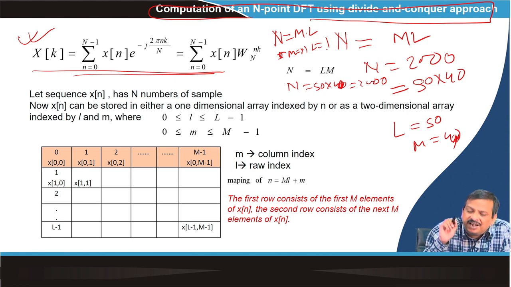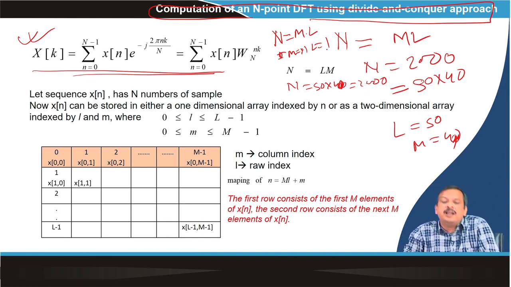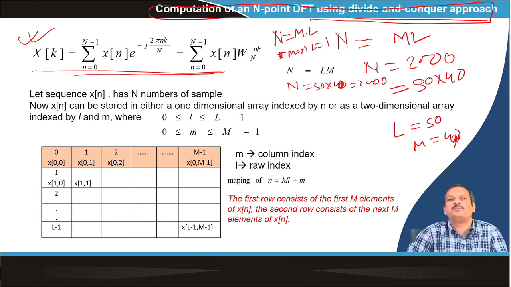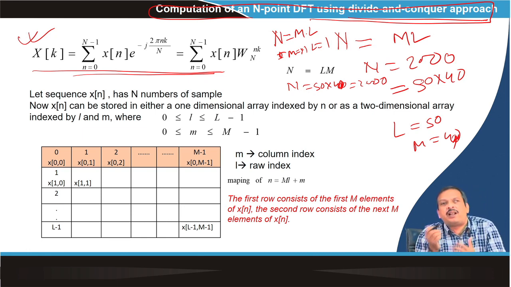So except when n is a prime number, if the length of my DFT is not a prime number, then I can use the divide and conquer approach. When you go for the divide and conquer approach, the first criterion is that n must not be a prime number. If it is a prime number, then I cannot apply the divide and conquer rule.